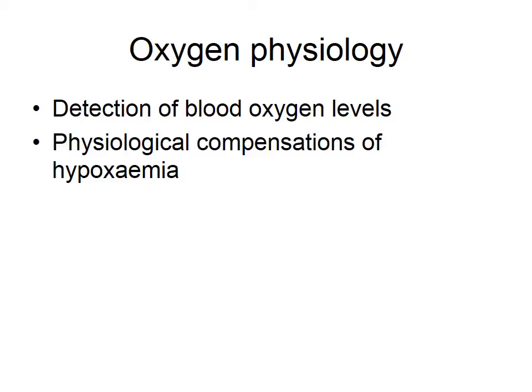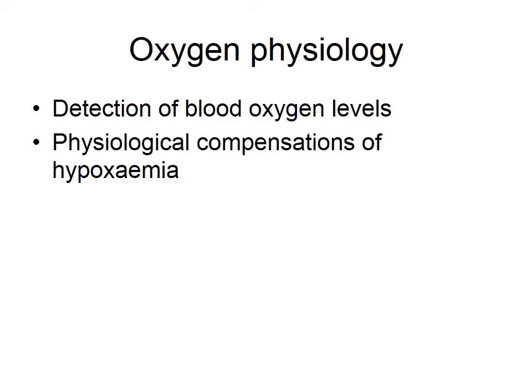The levels of oxygen in the blood are monitored on a minute by minute, indeed really a second by second basis. So detectors in the body called chemoreceptors are monitoring the amount of oxygen in the blood on a second by second basis. And if the amount of oxygen in the blood drops, this is obviously an immediate danger to the body.